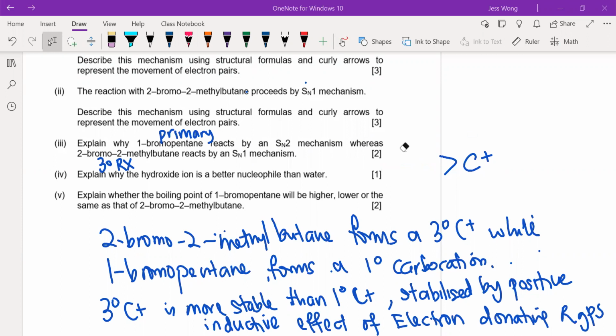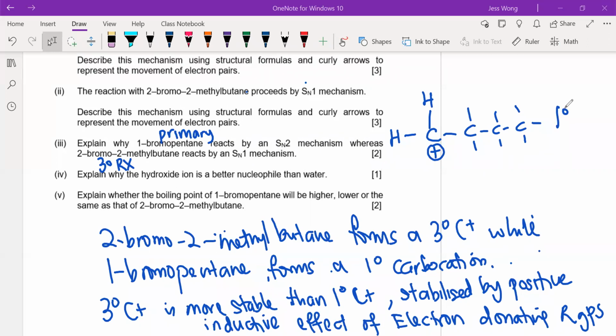If you use 1-bromopentane and allow it to proceed by SN1 mechanism, you will end up getting this. This is the carbocation. You can see that this is our primary carbocation, which has only one R group.